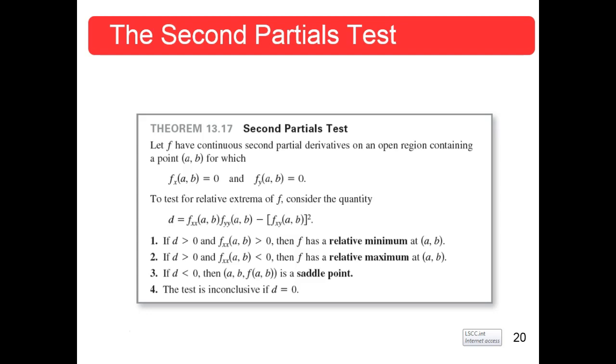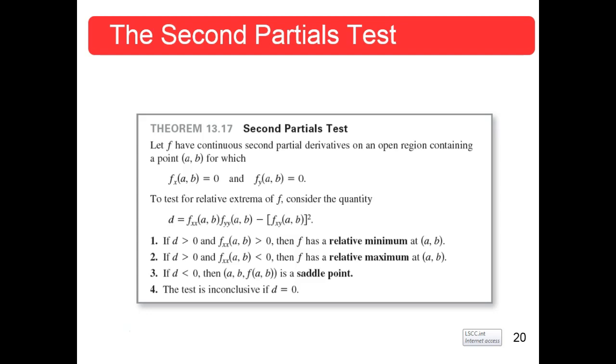If this d is positive, and f sub xx at (a, b) is negative, that means this one has to be negative too, for that product to be greater than that. So then this has to be a relative maximum, okay?